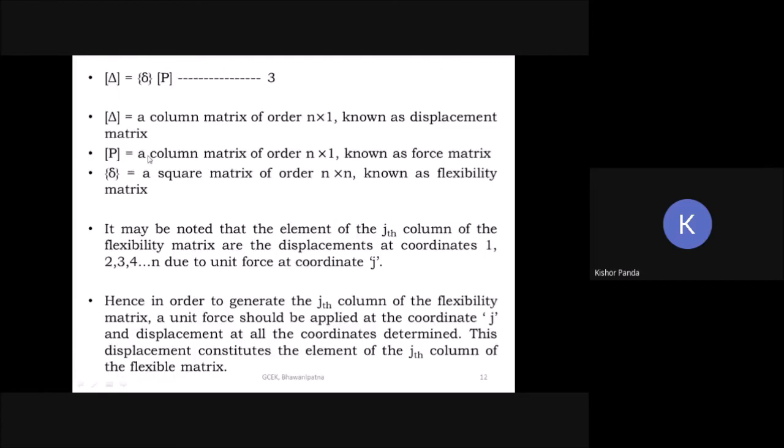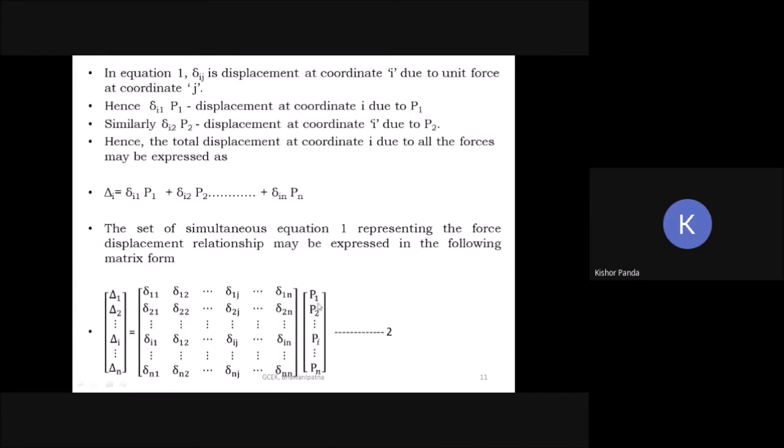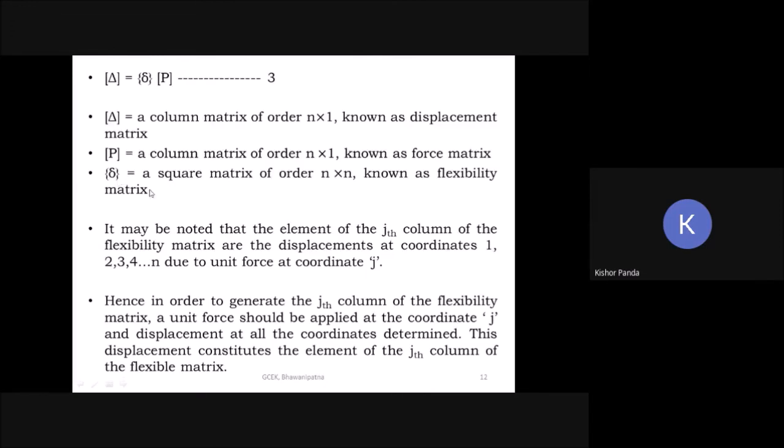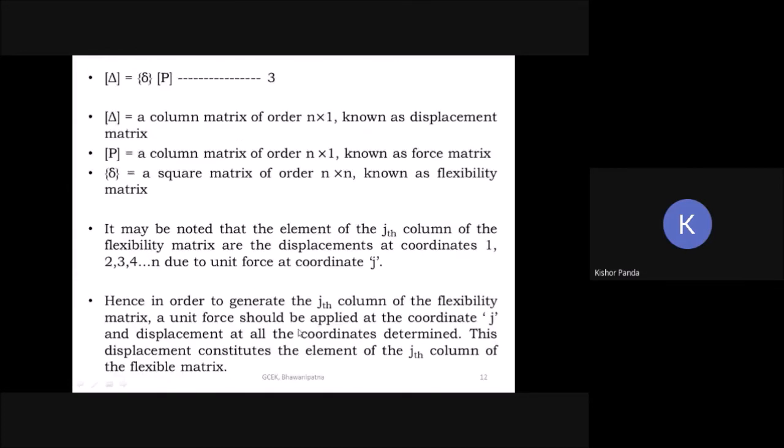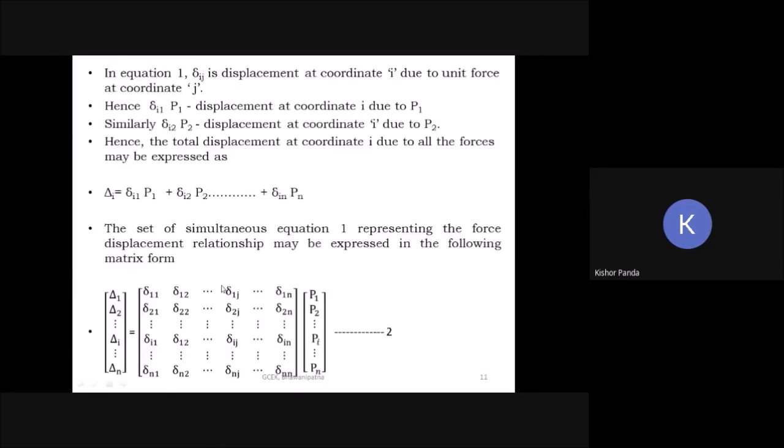Then P is also a column matrix of order n into 1, known as the force matrix. So this is called the displacement matrix, and this is the force matrix, and here also the order is n into 1. Then del is a square matrix of order n into n, known as the flexibility matrix.